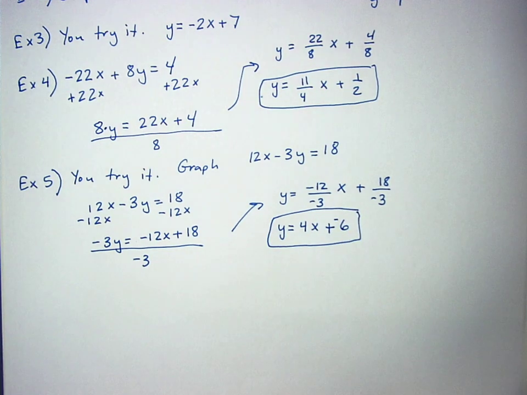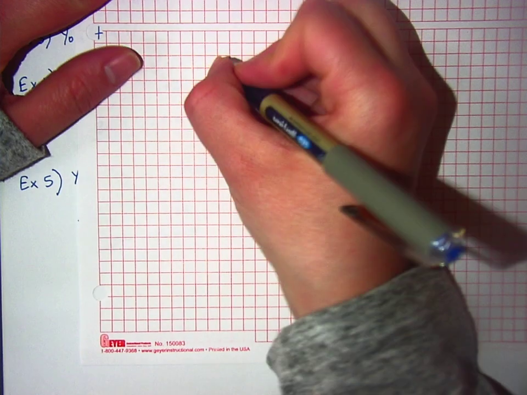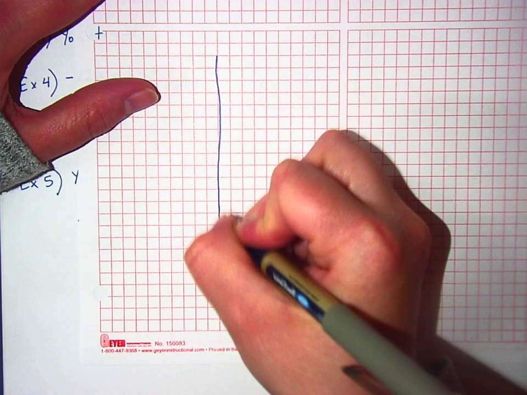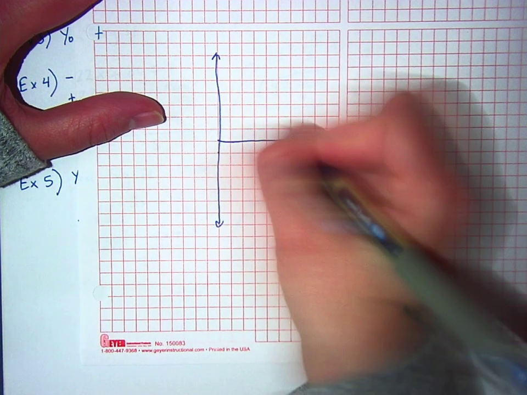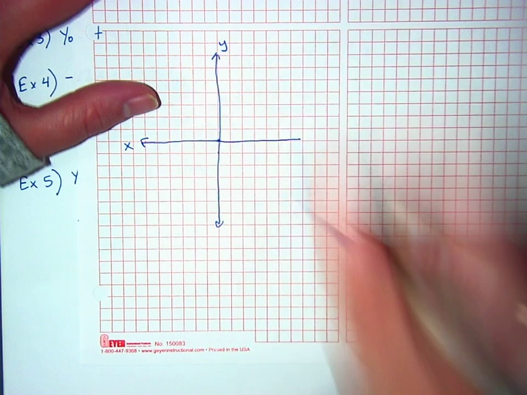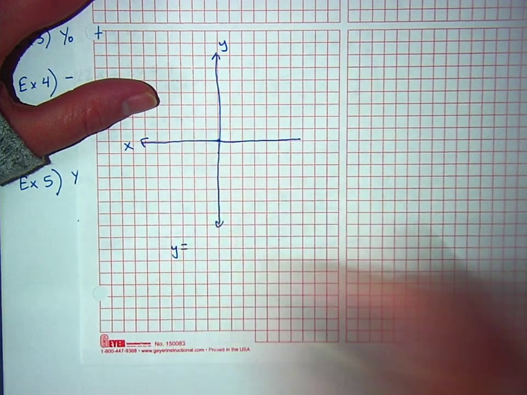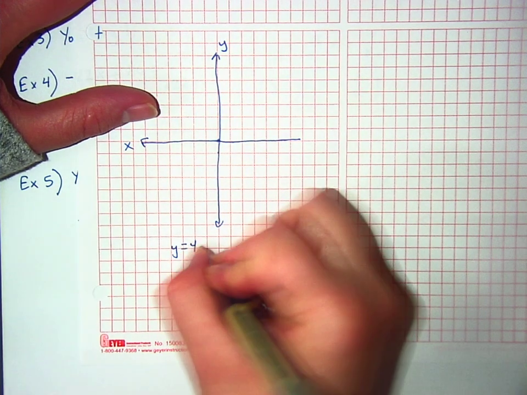And then if I go to graph that, there's my x, there's my y. This is the line y equals 4x plus a negative 6.